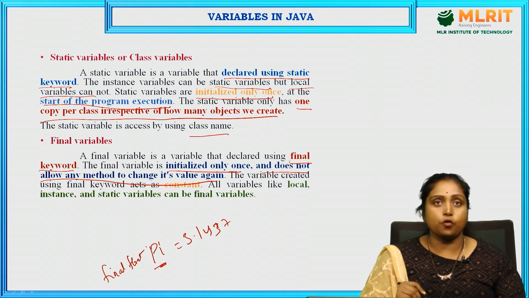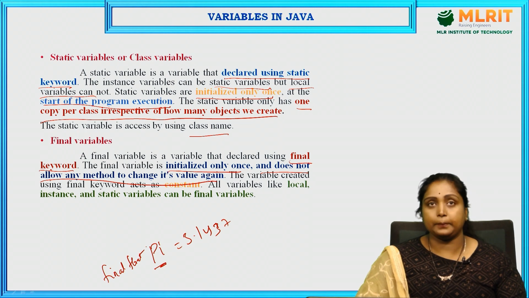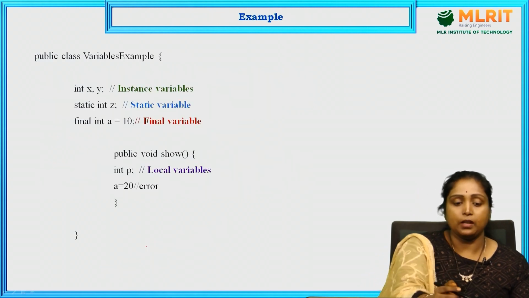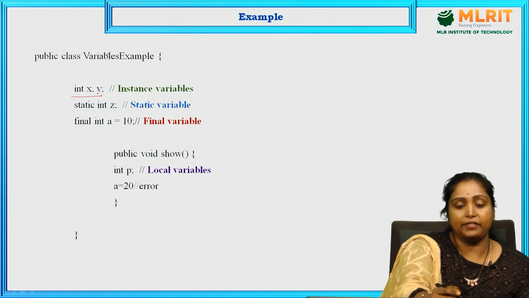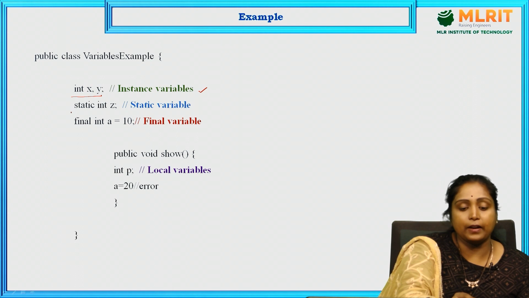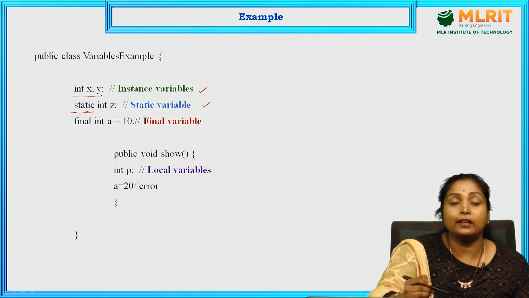And the four variables you have seen are member variables, local variables, static variables as well as final variables. So see here, this is an example. So int x comma y I have declared in the class, so it's an instance variable. Okay, if I declare the same kind of variable int z and I use the static keyword, it became a static variable.